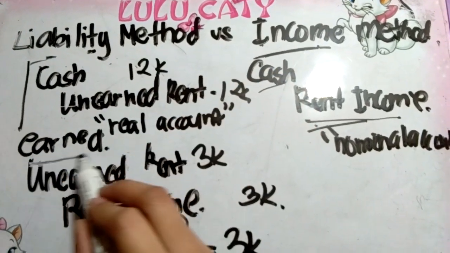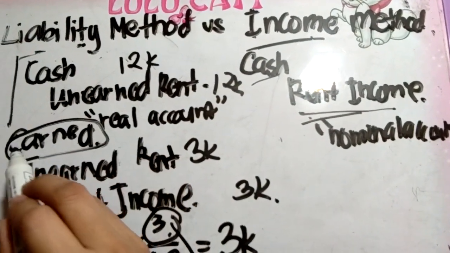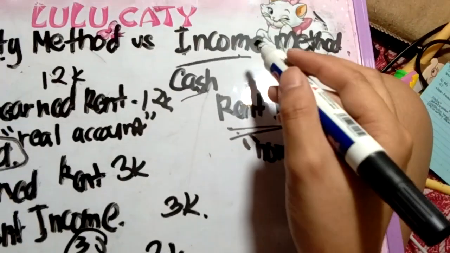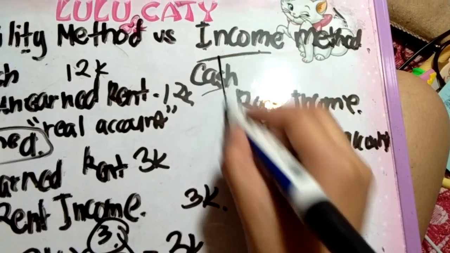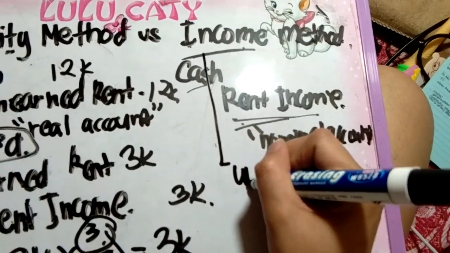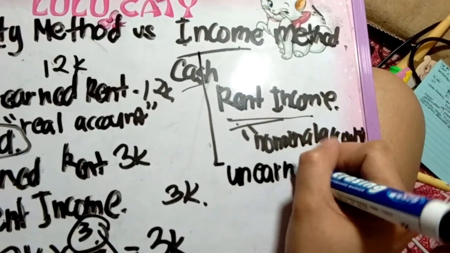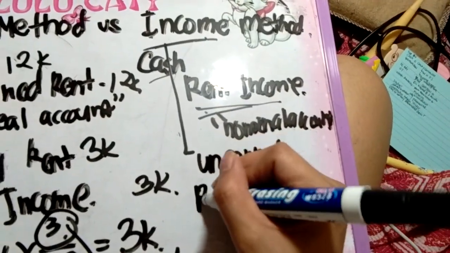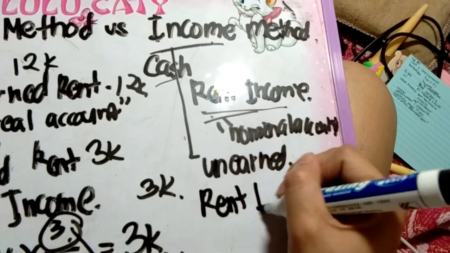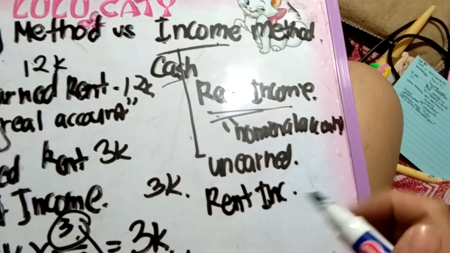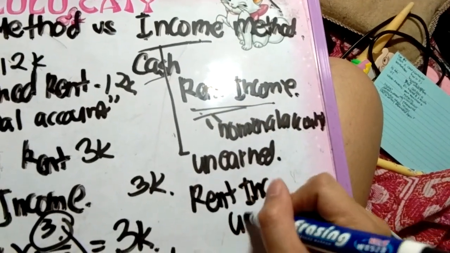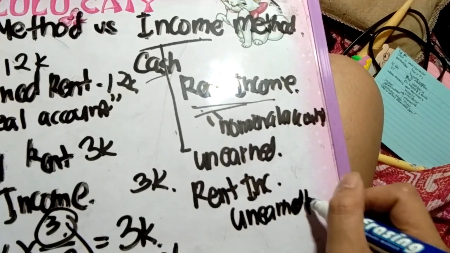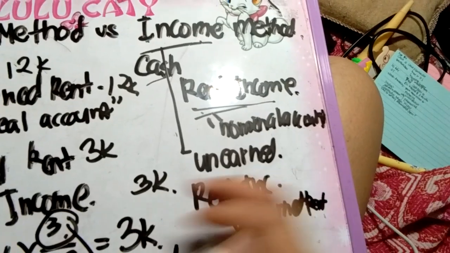If here we focused in computing the earned portion, here we're going to focus in the unearned portion. So we're going to write it down as rent income in the debit side and also unearned rent in the credit side.